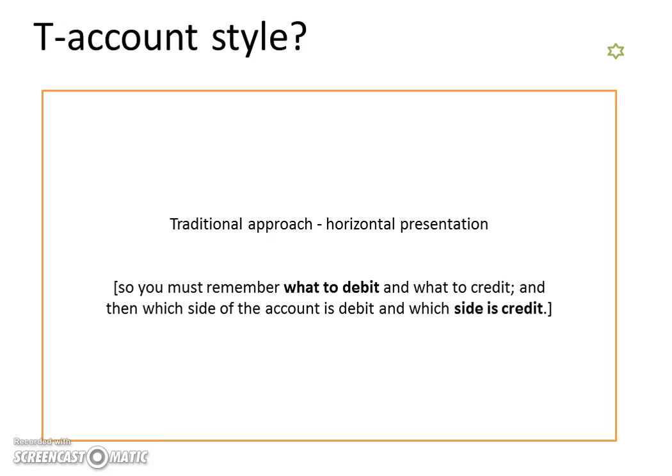Credit customers create debtors. Debtors are assets. Therefore, we will debit those assets when the balances increase, and we're going to credit those debtors if their balances decrease. So whatever decreases the balance, we credit. Whatever increases it, we debit.